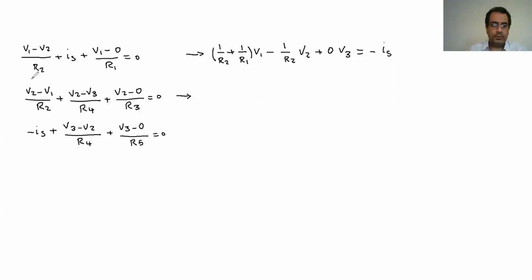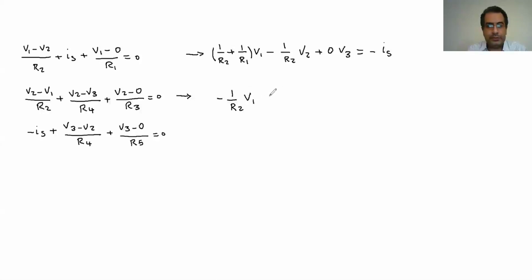So for the V1, here I write it here. The only one I have is the negative 1 over R2. So I don't have any other V1. So it's going to be negative 1 over R2 times V1.